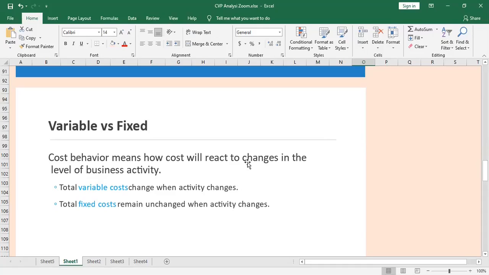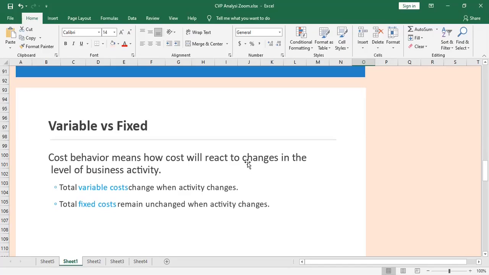So within that certain level of activity, here the level of activity is the number of students, from 0 to 100, fixed cost is not going to change. But when you move beyond that 100 limit, fixed cost is also going to change, right? So therefore, we normally say we make this decision during a short-term period.